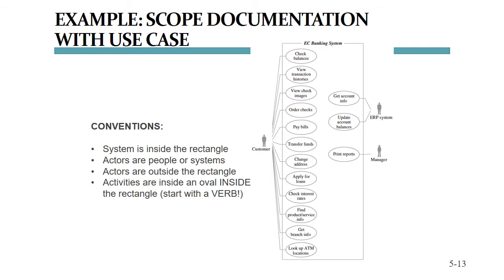Our manager wants to print reports, and our ERP system, in order to process data further, wants to get account information for a customer, we're going to assume, and then update account balances.